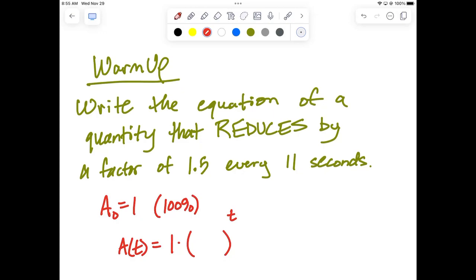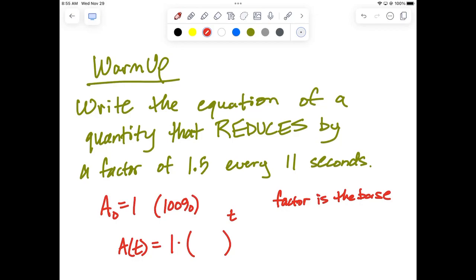Do we need to subtract this from 1 if we're given the scale factor? If you're given the scale factor, remember the factor is the base. But because it's reducing, not increasing, we have to do something to it. If it's a percentage, Brady, that's when we have to work off of 100.